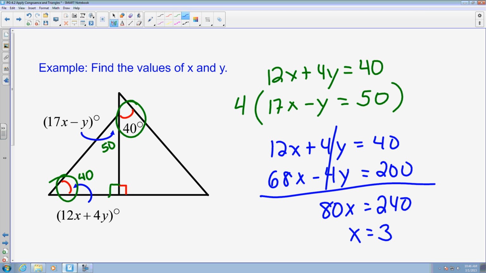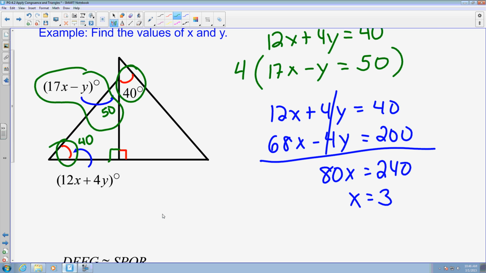Now all we have to do is plug 3 into one of the two equations. I'm going to choose this one here, mainly because y has a coefficient of -1. It just seems easier to me. You can use the other one, it's not a big deal.